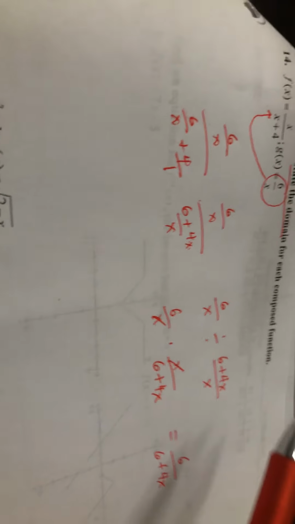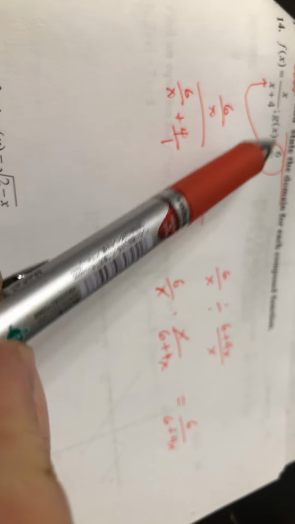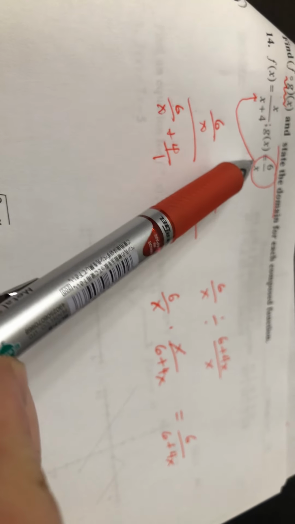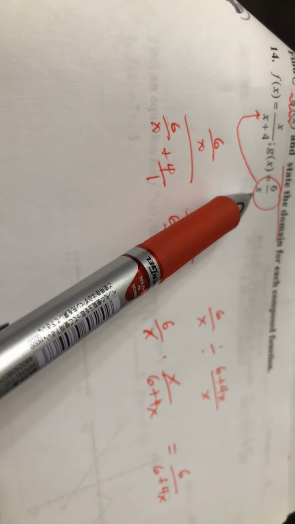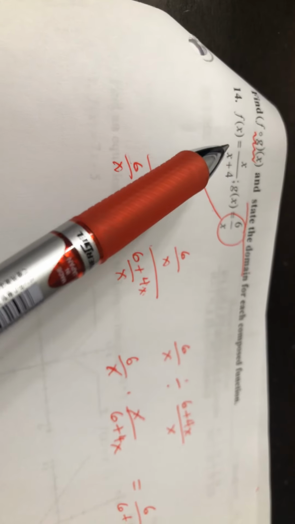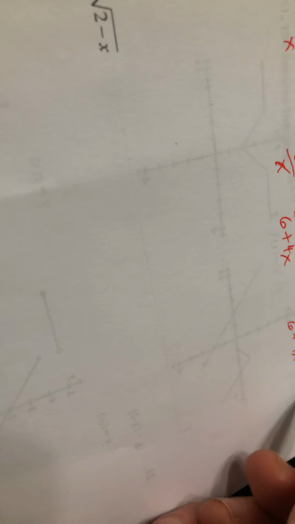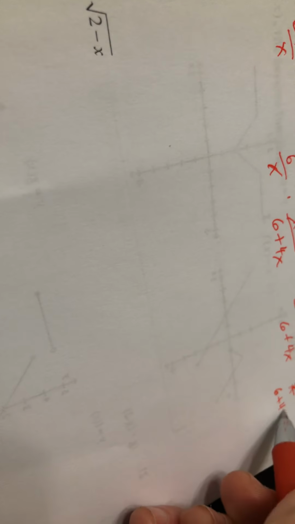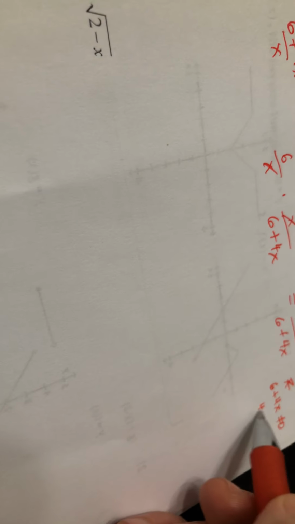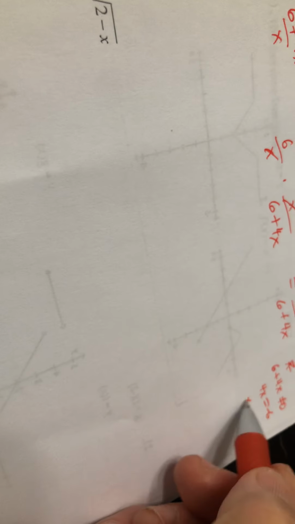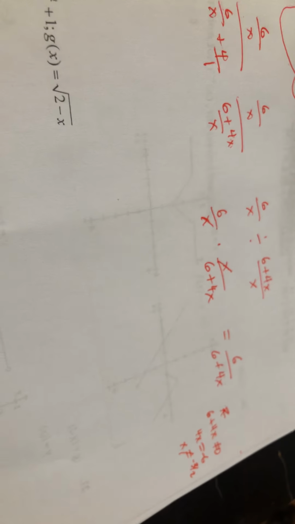Now, when we're trying to figure out the domain, you have to take both of these into account. So x cannot be 0. X cannot be -4. And 6 plus 4x cannot equal 0. 4x cannot equal -6, so x cannot equal -3/2.